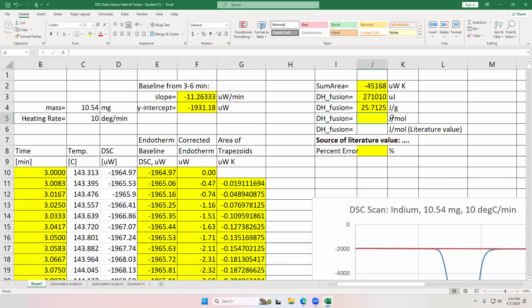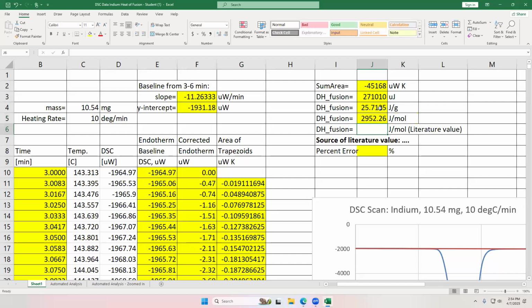What is that per mole? We have to multiply by the molar mass, joules per gram times grams per mole. What's the molar mass? 114.818 grams per mole.